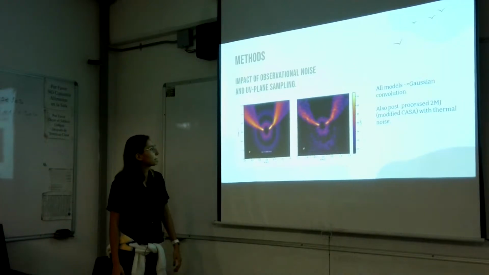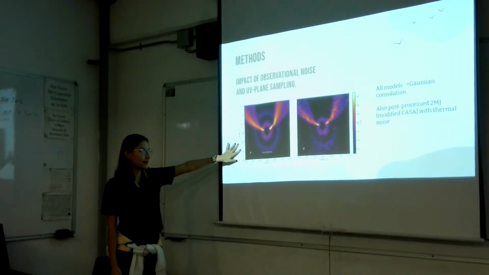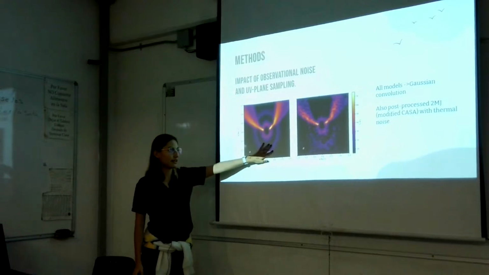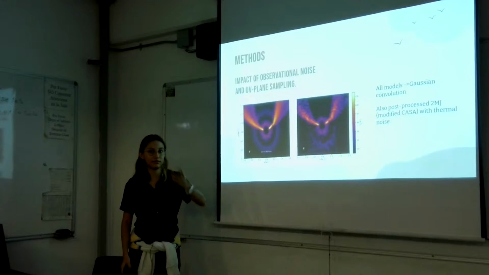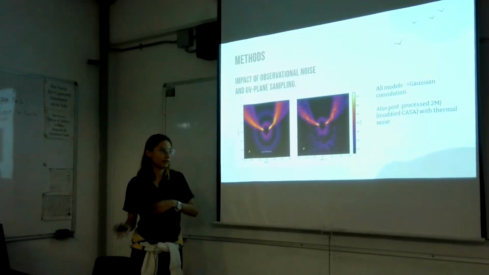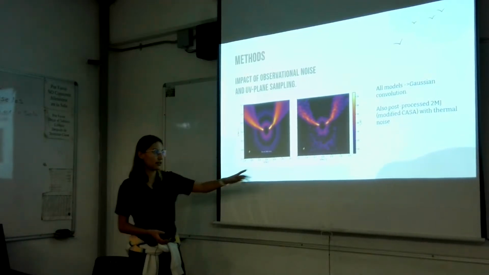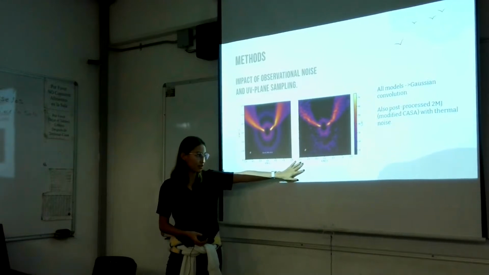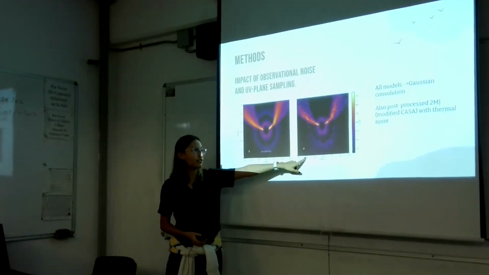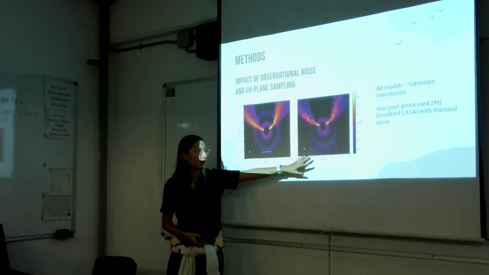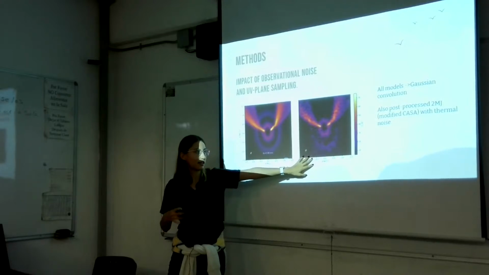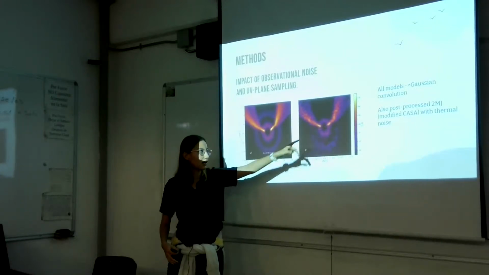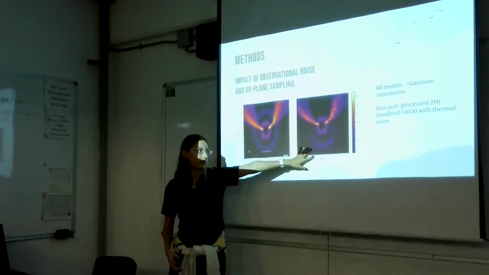And for the UV plane sampling, they cleaned the data with Gaussian convolution with CASA. That is basically what we've been doing. But there exist other types of cleaning, and this cleaning was a modified process that is not exactly a Gaussian convolution, and they add thermal noise.